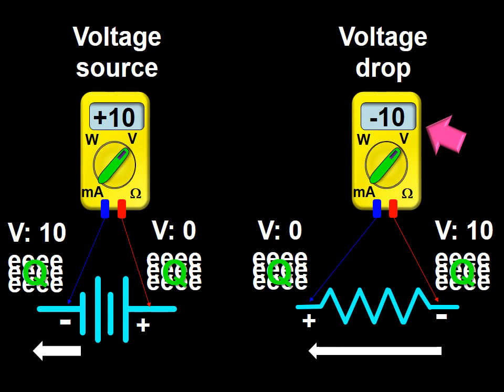This will be reflected in the voltmeter screen by a -10. Yet, the number of electrons and charge, represented by the letter Q, at the entrance of the resistor and at the exit of the resistor are the same.